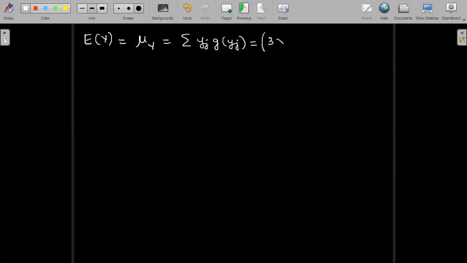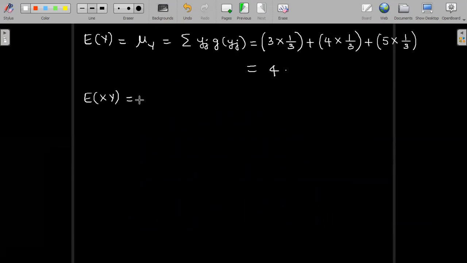So this is 3 into 1 by 3 plus 4 into 1 by 3 plus 5 into 1 by 3, which gives us 12 by 3, which is equal to 4 again. And lastly, we have to now find out E of x into y. This is obtained by the formula summation xi into yj into jij.